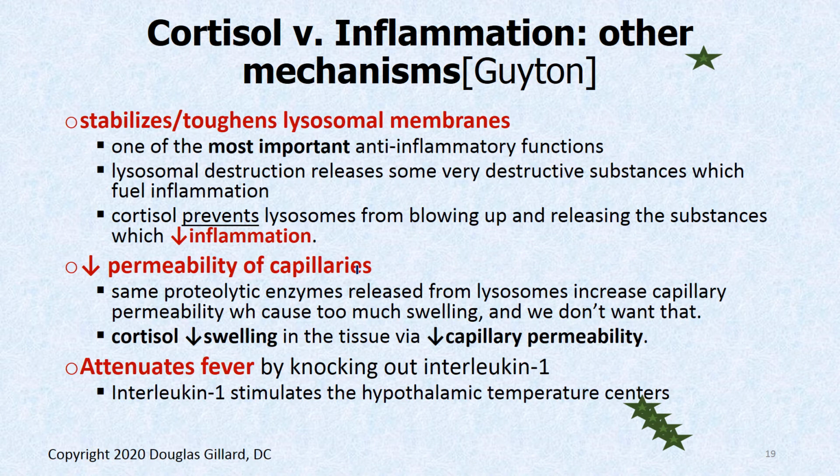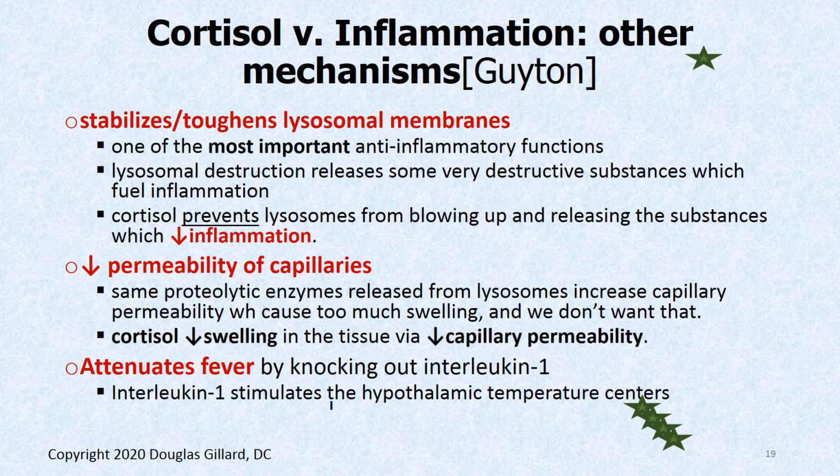Remember, inflammation via histamine and other mechanisms causes the endothelial cells to shrink in the microcirculation, and blood fluid comes pouring into the interstitium, and makes it easier for the troops to get in there as well. And so this causes decreased capillary permeability, and the endothelial cells are pulled closer together, so it's harder for the troops to come. First of all, it decreases the swelling, but it's harder for more troops to come into the area if the permeability is decreased.